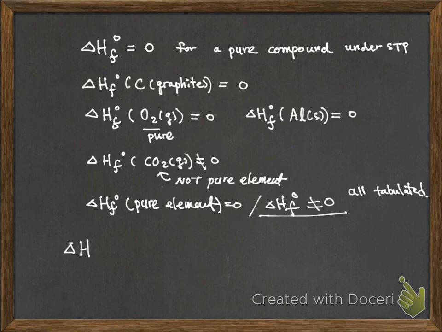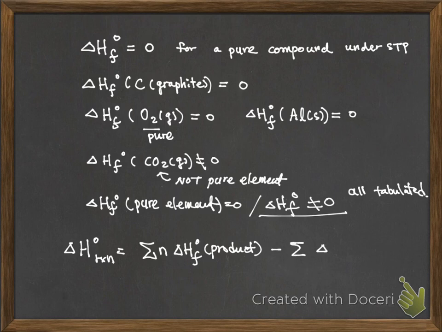This is Hess law in a useful form. Delta H of the reaction is essentially the summation of all the heat of formation for products, with n times involved, and then you sum it and subtract the heat of formation for all the reactants, and there will be some numbers involved.